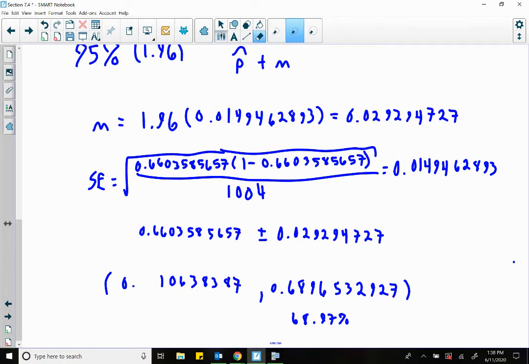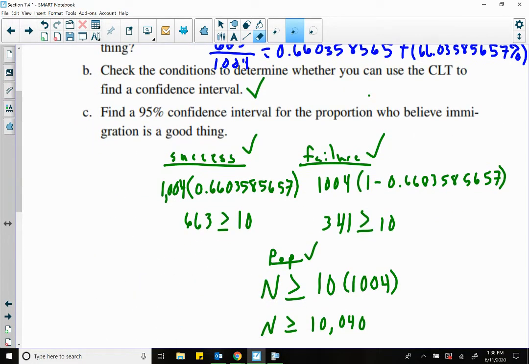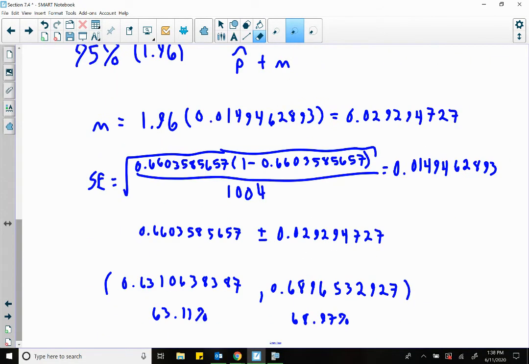That rounded to 4 decimals would be 63.11%. And there you go. So that is our confidence interval. So the 95% confidence interval for the proportion who believe immigration is good is there at the bottom.